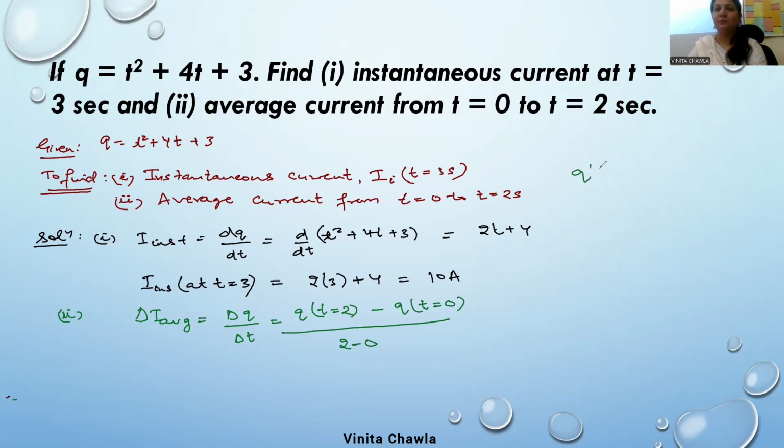Q at t is equal to 2 is 2 square plus 4 into 2 plus 3. 4 plus 8 plus 3, 15 ampere, and charge at t is equal to 0 is 0 square plus 4 into 0 plus 3 coulomb.